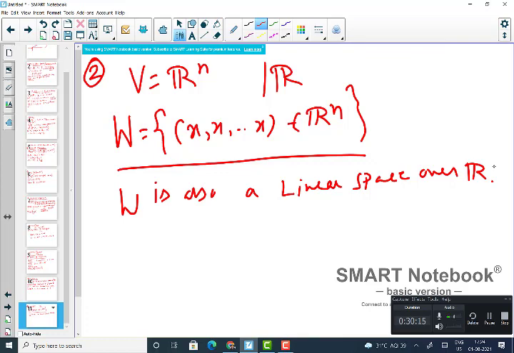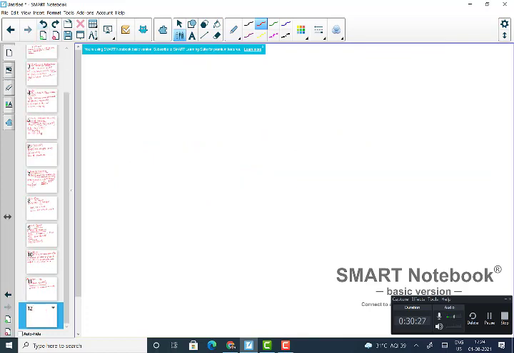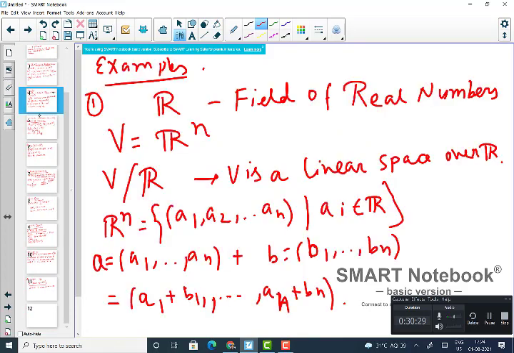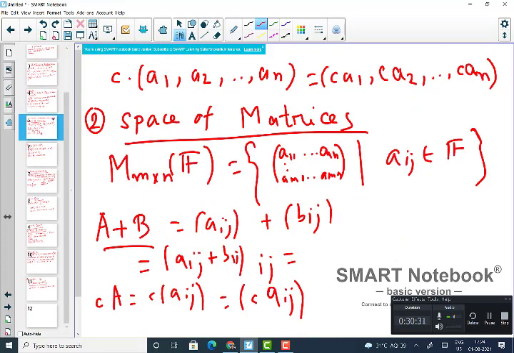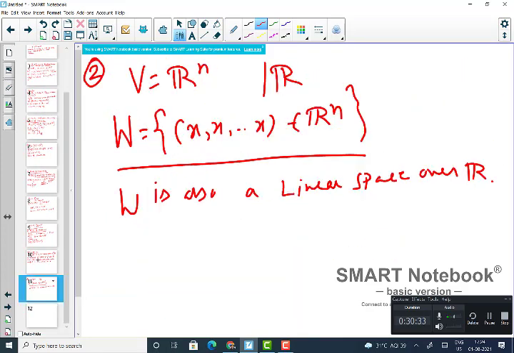So W is called the subspace of the original space V. Similarly, what was our second example? Matrices. Here also you can choose a specific kind of matrices.